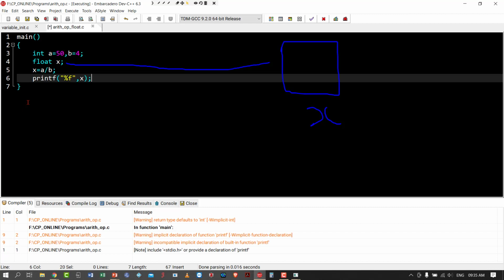Please type the value of x in the chat box. Different answers, very good. 12.5, 0.5. Okay, majority is saying 12.5.